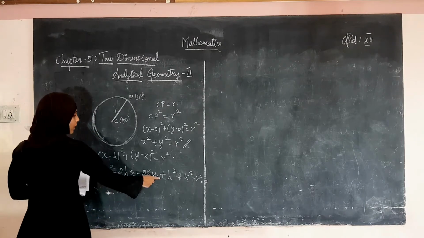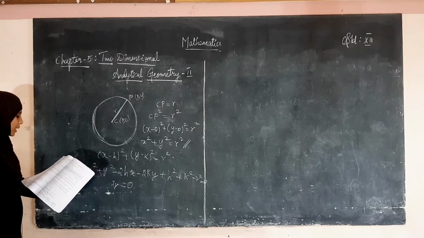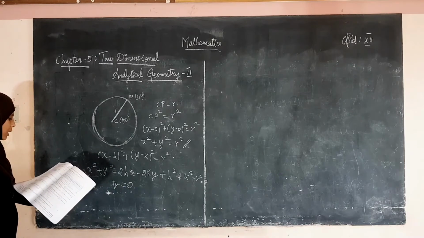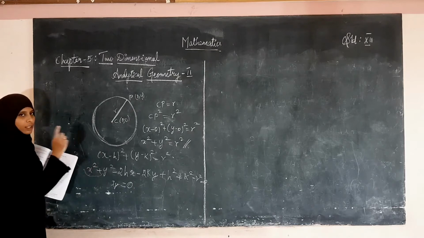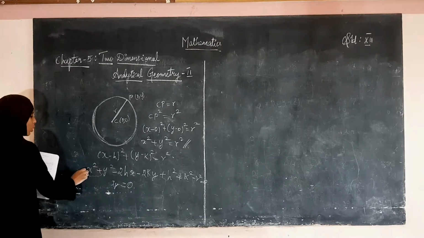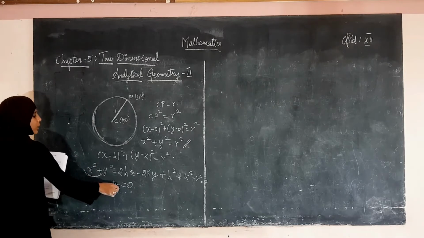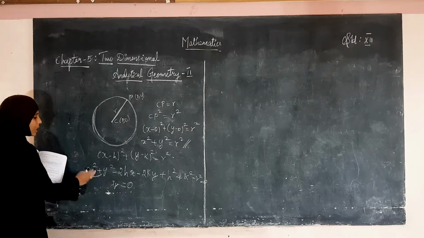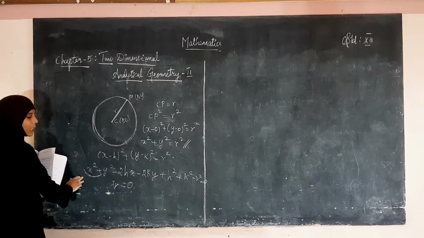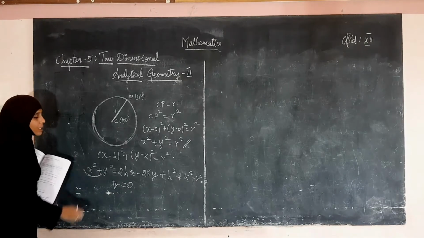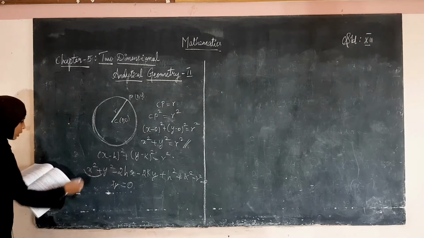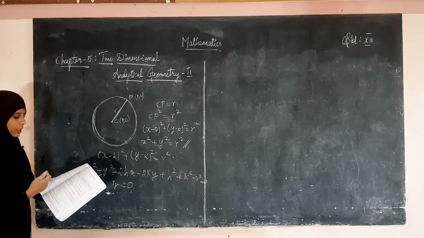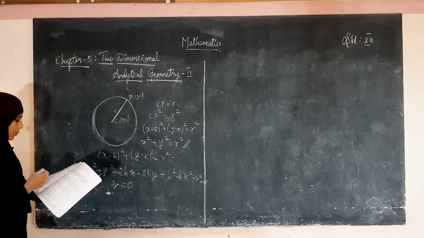See here, we do not have an xy term. So these 3 points: the same degree 2, the same coefficient, and the xy term equal to 0. If these 3 conditions are satisfied, then we can say that the equation is the equation of a circle. They have given some theory parts, that means there are some steps.